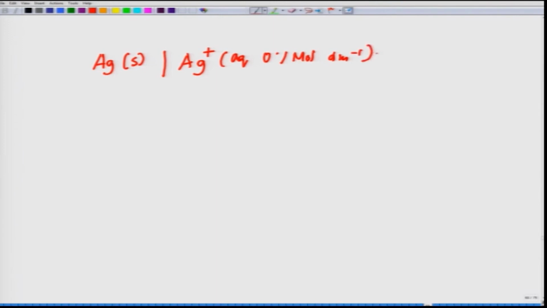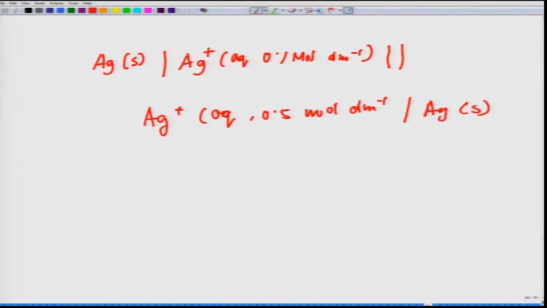On the other side you have Ag plus aqueous at 0.5 molar, and Ag solid. Both half cells are silver metal, silver ion electrodes.